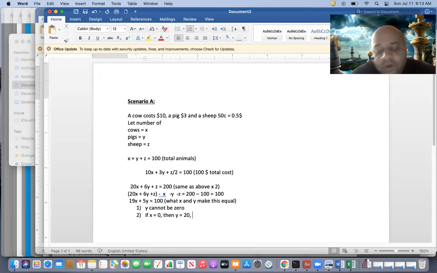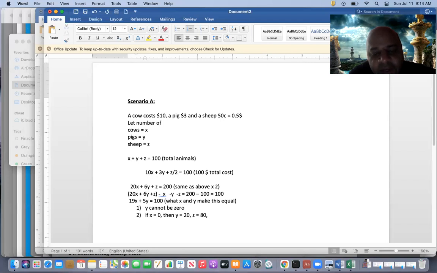But this may not be the complete solution. If y is equal to 20, x is equal to 0, then z will have to be how much? X plus y plus z is 100. X is 0, y is 20. That means z will have to be 80, right? Now you check whether y equal to 20 and z equal to 80 solves the total price. Pigs is y and that is 20.